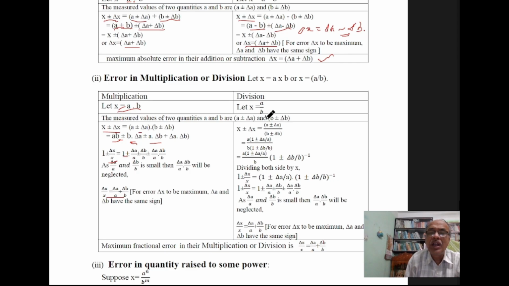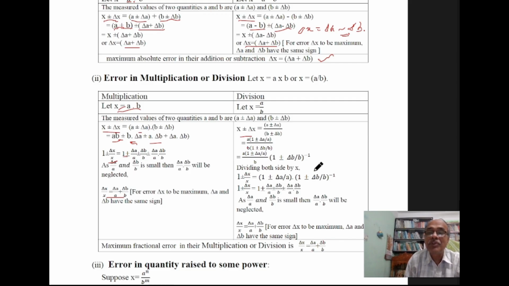Here you see delta X by X, in place of this you substitute A plus minus delta A divided by B plus minus delta B. Now take the common A, then what will be there? 1 plus minus delta A by A, B common, so 1 plus minus delta B by B. So here this A by B we are keeping, and it will be minus 1 power.